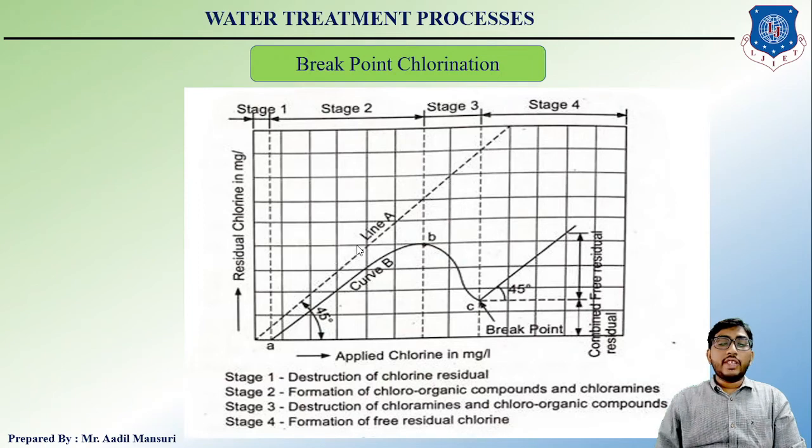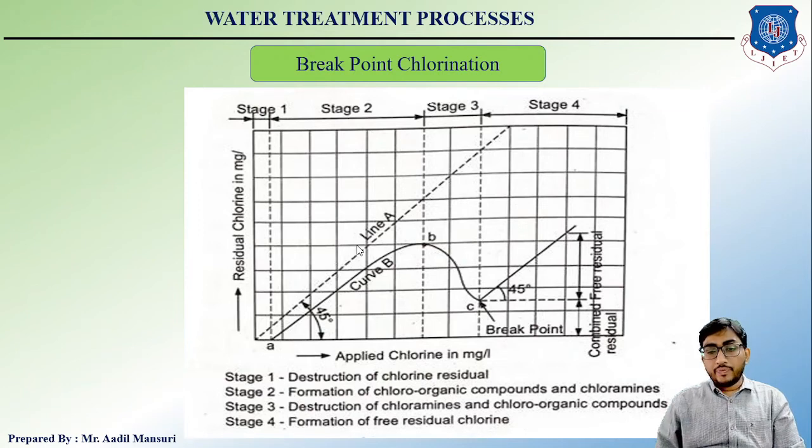Breakpoint chlorination represents that much dose of chlorine beyond which any further addition of chlorine will appear as free residual chlorine. If the water is pure, which has no chlorine demand, then any chlorine that you add will be residual chlorine. You can see this in the figure, shown by line A, a straight dotted line.